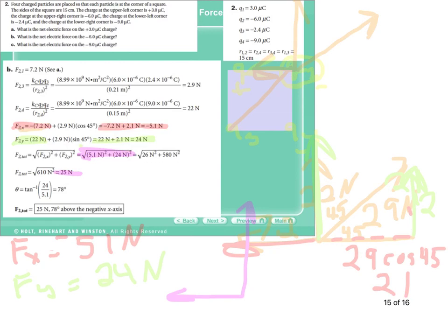If we sketch out a rectangle here, we can try to find this theta right here. And we use tangent is opposite 24 over adjacent 5.1. So using that, we find this to be 78 degrees. So our answer is 25 newtons, 78 degrees above the x-axis.